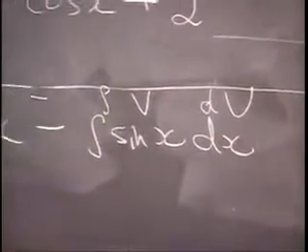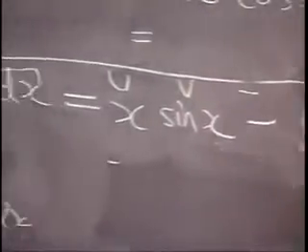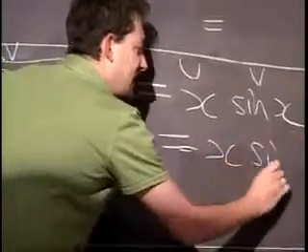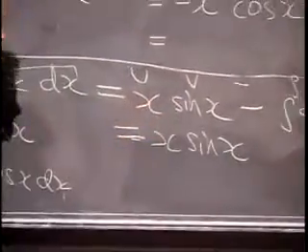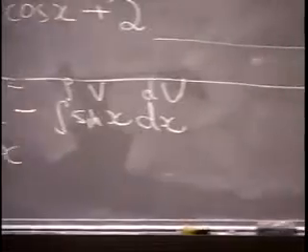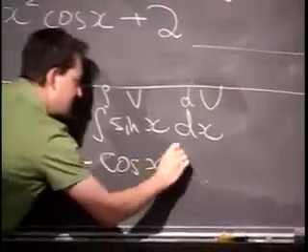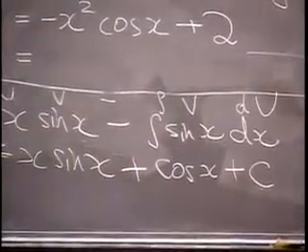And I have now reduced the new integral to just the integral of sine x dx, which is negative cosine x. So here's x sine x. The integral is negative cosine x. I'm going to cancel out the minuses and get plus a cosine x. And here I'm going to put the plus c.